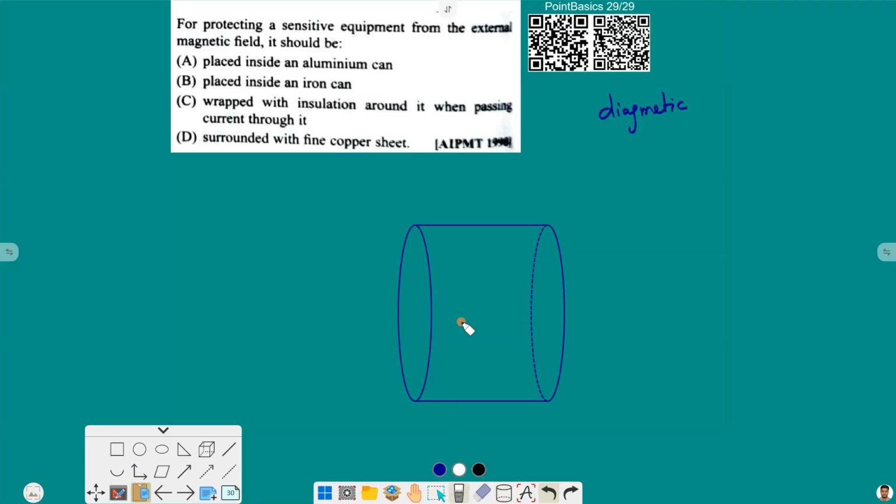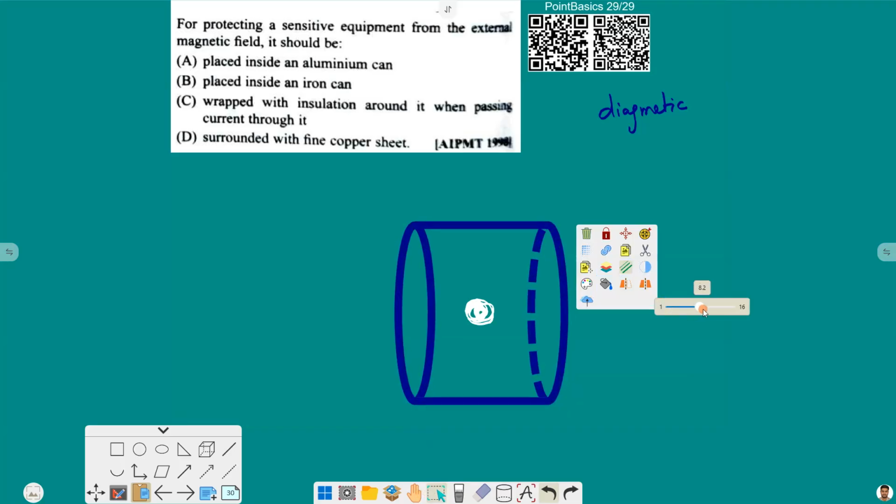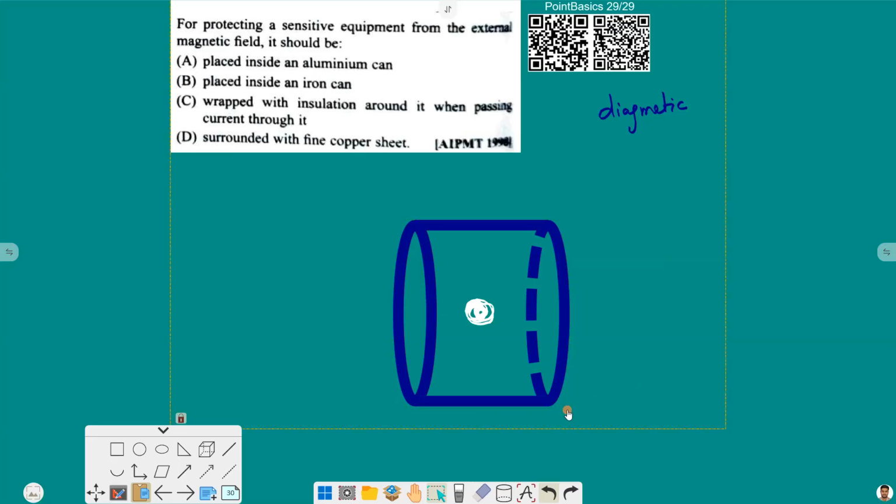Now we make some cavity inside it and we place our instrument here. Now what happens? And suppose it is a very thick material, so let me make it slightly thicker. It is hollow inside and very thick material.